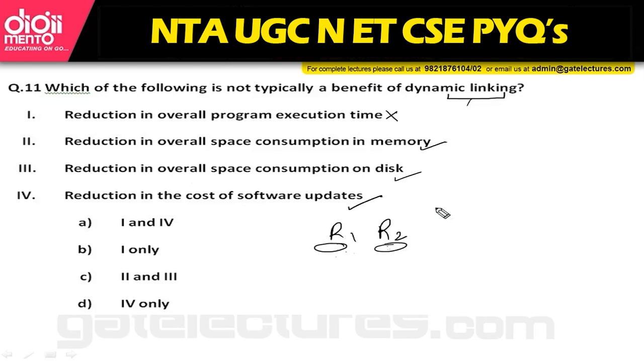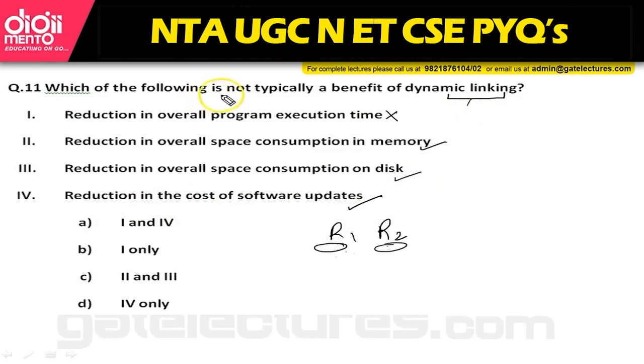It increases the cost because many resources you might like to use for other processes as well, but due to static linking you have to allocate those resources to a particular process, while in dynamic linking you can allocate them at the runtime, so it actually reduces the cost of the software. So this is also a right option.